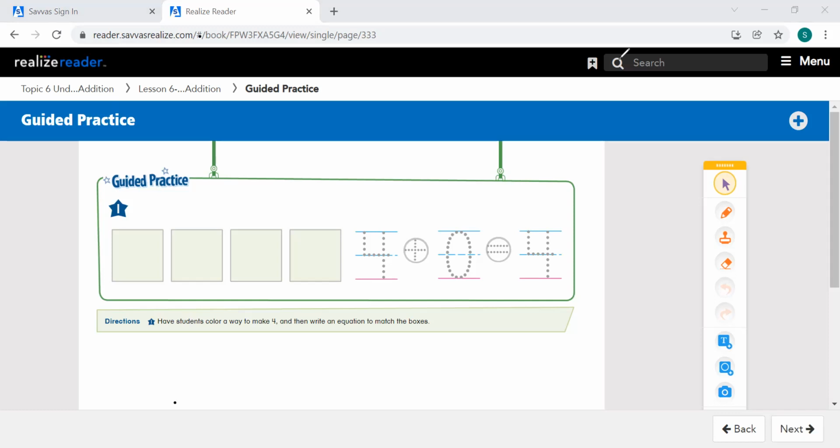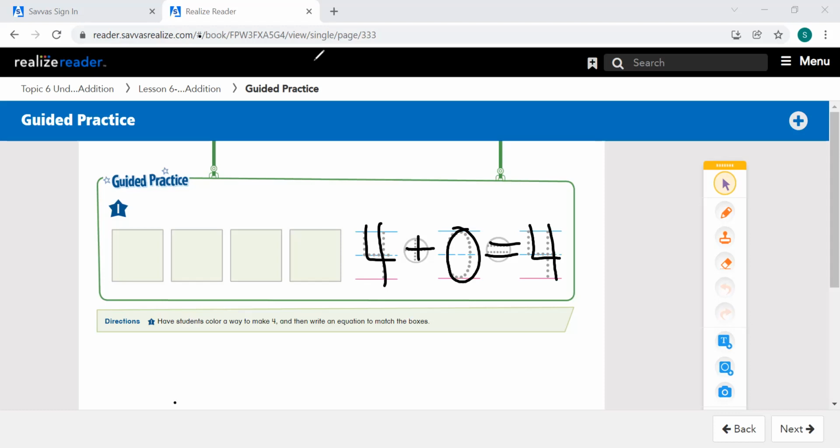They are shaded. So 4 boxes, and they could be any color you want. So if those were blue boxes, you could put 4 blue boxes plus 0, because there are no other boxes that aren't colored. So 4 plus 0 equals 4.